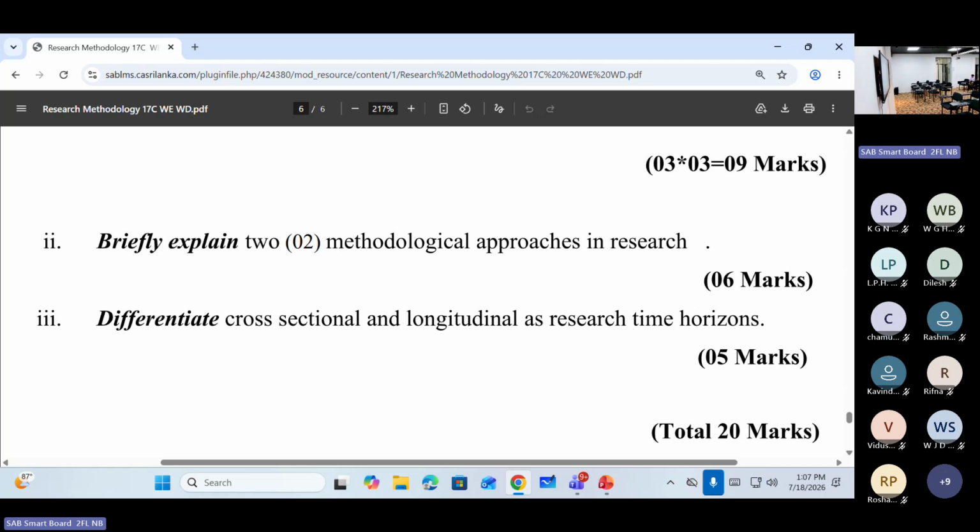Cross section. Data is collected at a single point of time. What do you mean by single point of time? Any others? What are examples of a single point of time? One time.